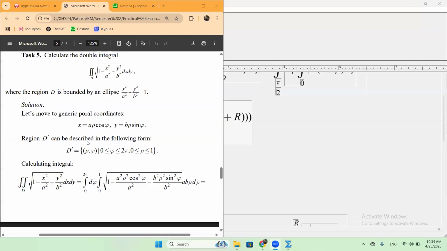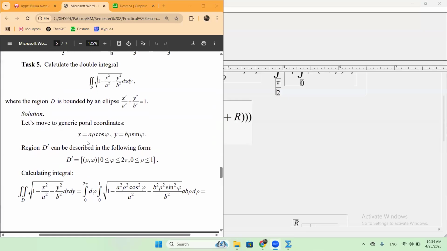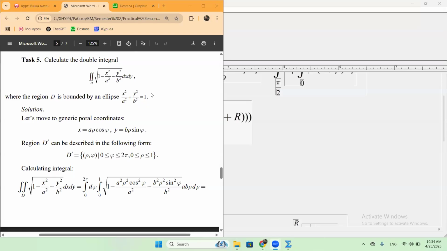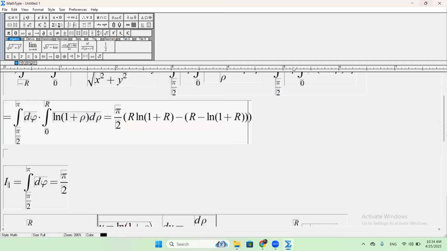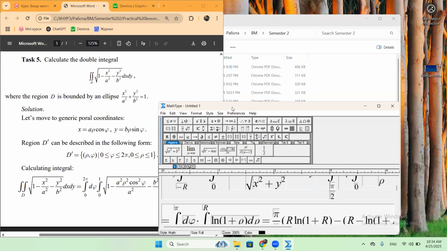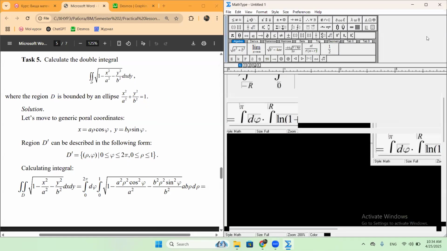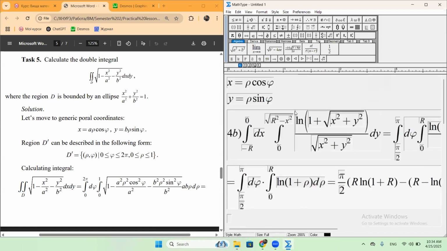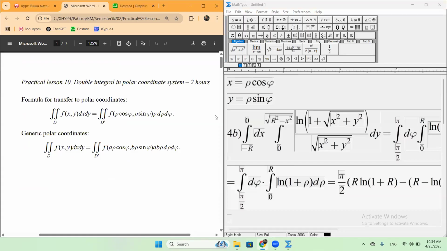So now we will calculate the double integral using generic polar coordinates. It is actually almost the same as polar coordinates, but we substitute x equals a r cosine of phi, and y equals b r sine of phi.